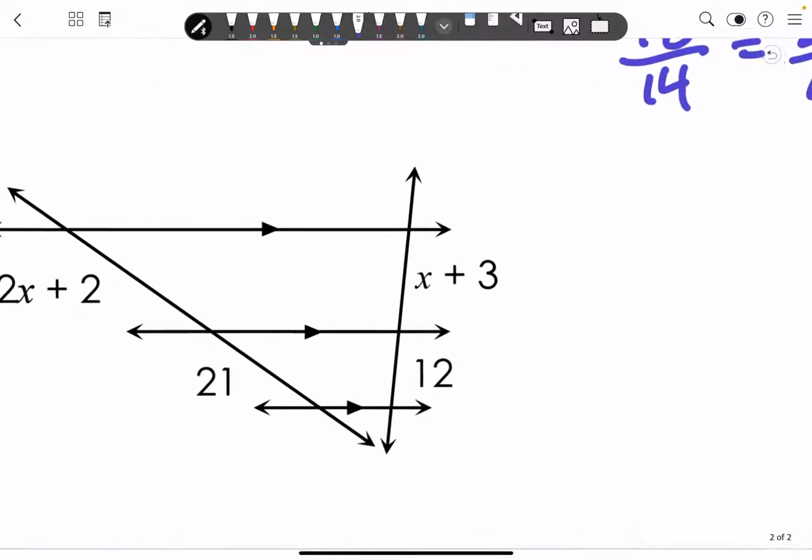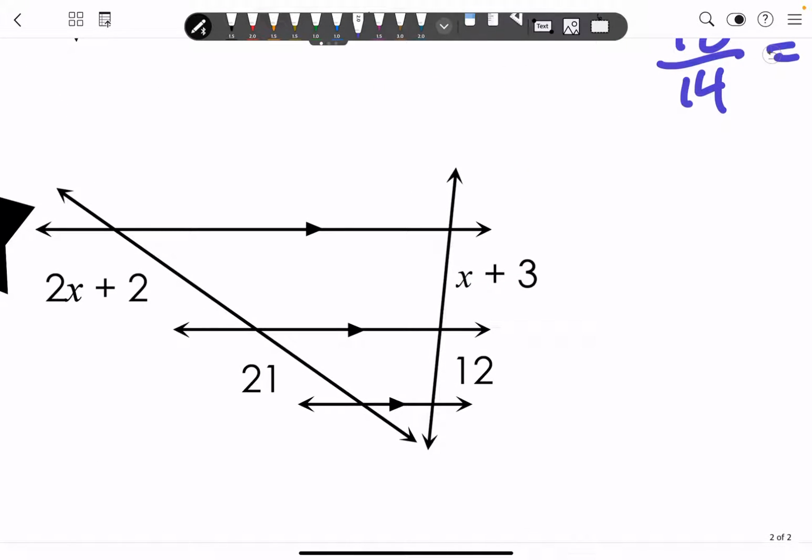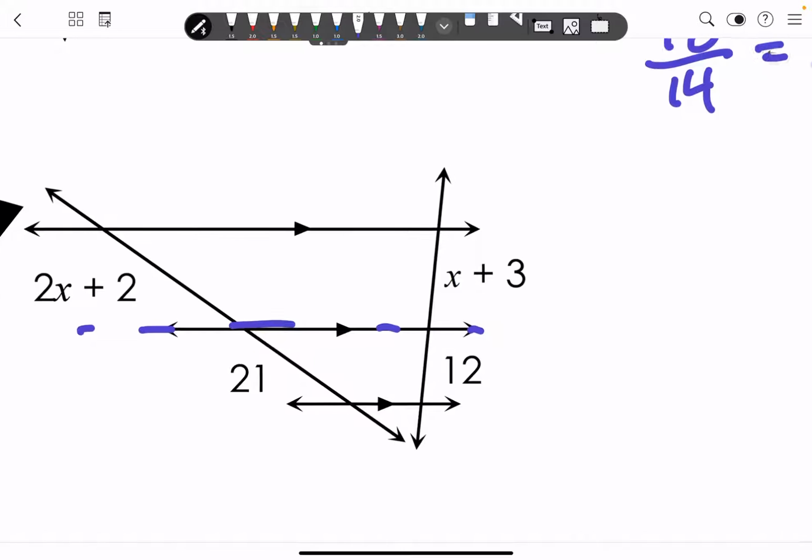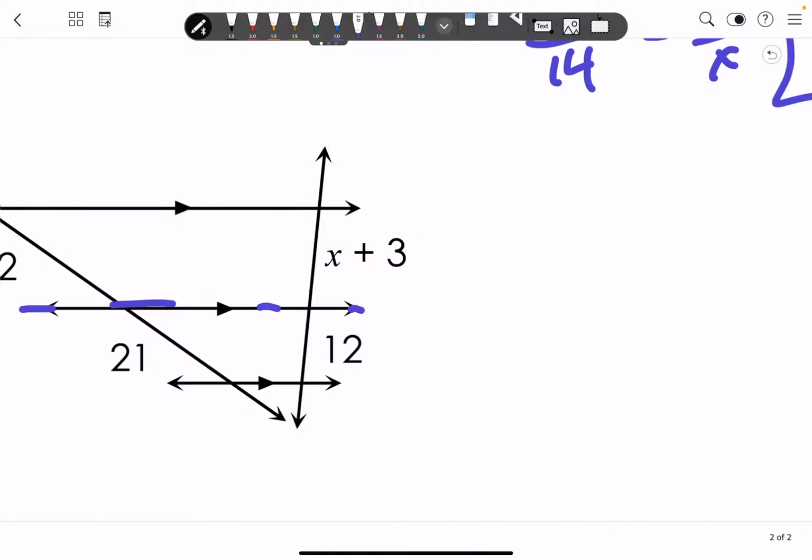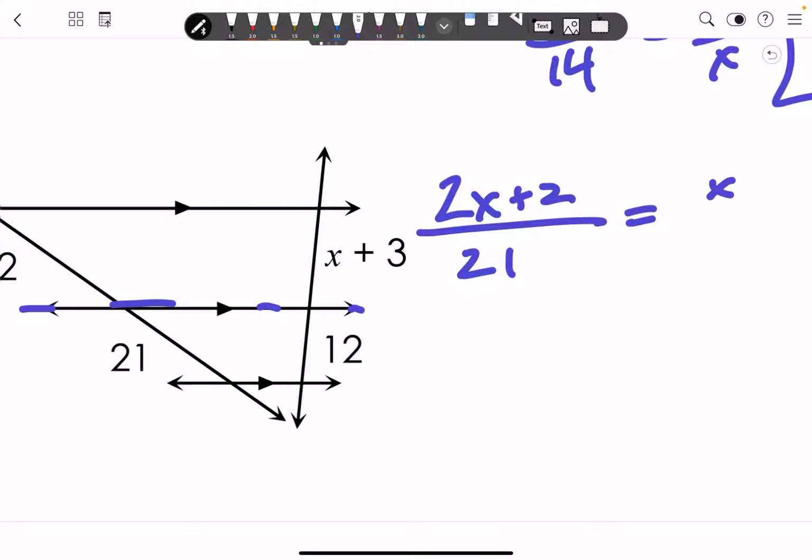All right, number 7, I am going to help you get started with it. It's the same concept, but this time you're just going to be double distribution. Okay, so you've got 2x plus 2 over 21 is equal to x plus 3 over 12.